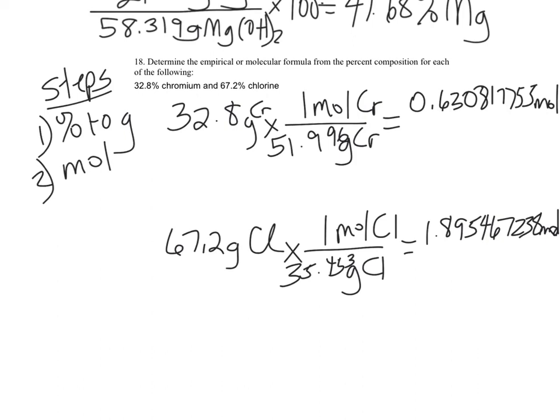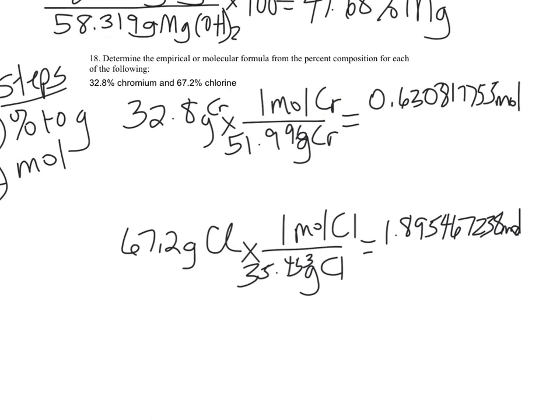So now I compare these two values as my next step. And I divide by the smallest of the two. So this value is the smaller one. So I'm going to divide out by this value into both of them.